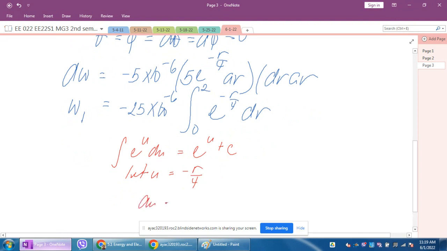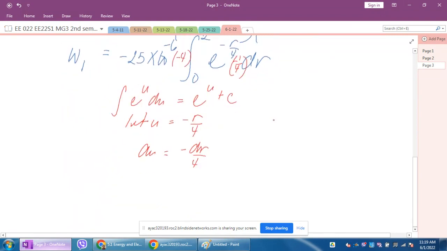So, ano yung du natin? Negative dr over 4. So, dahil wala naman akong negative dr over 4, kailangan kong mag-neutralize ng negative 1/4. So, dapat may negative 1 over 4 ako dito. So, maglalagay din ako ng negative 4 na neutralizing factor doon. Kabisado nyo naman po yung integral calculus natin para e to the u du na po ako.